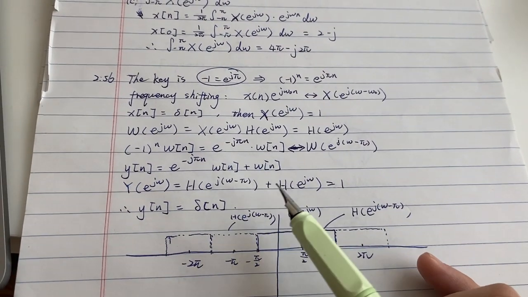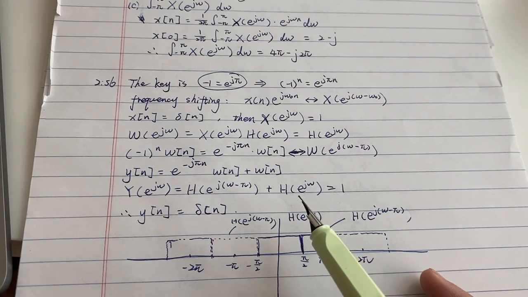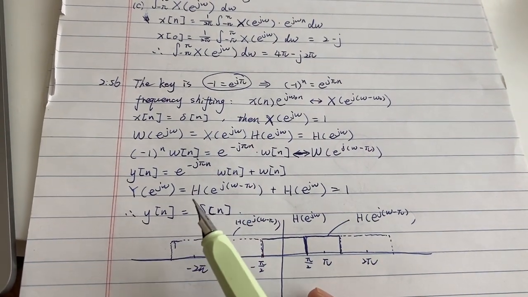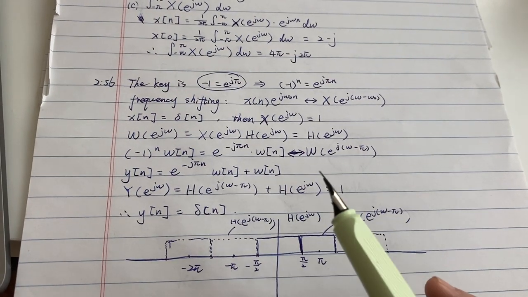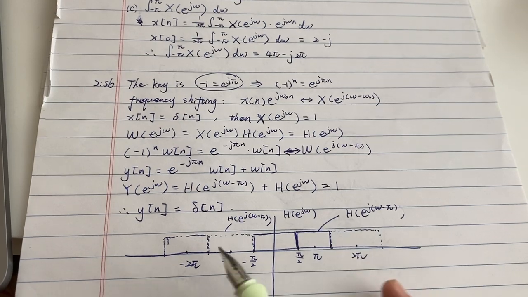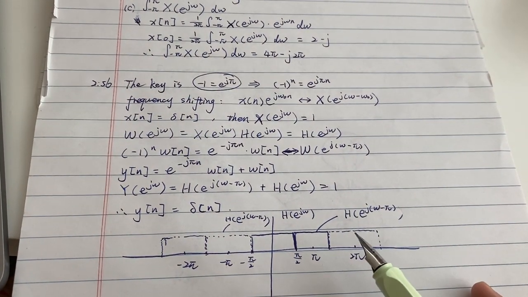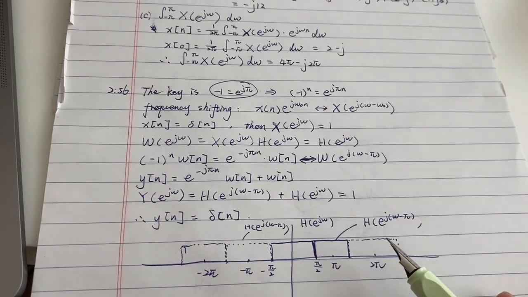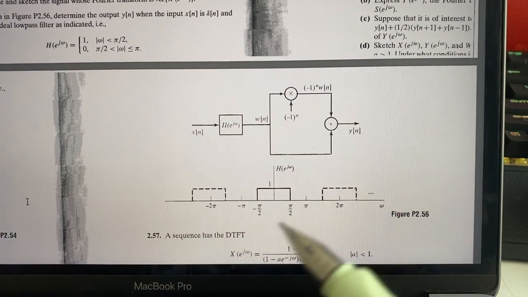And we can draw the diagram of H of e to the power j omega and H of e to the power j (omega minus pi). So this one is the given big H of e to the power j omega, you can see here.